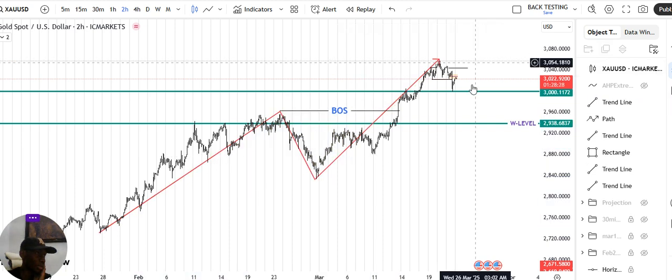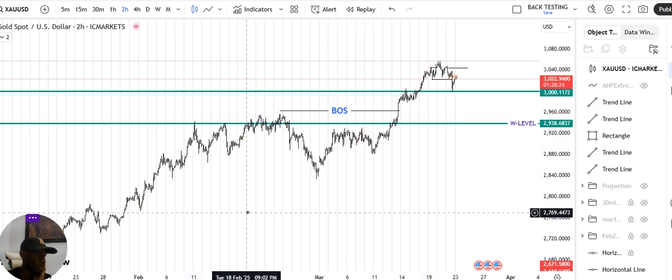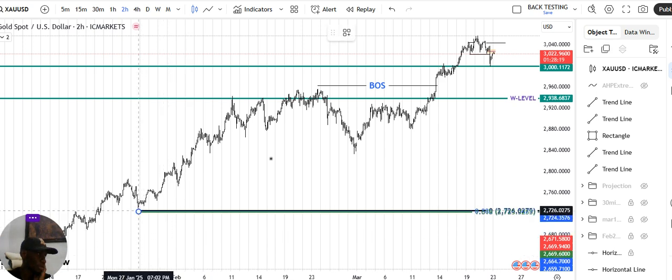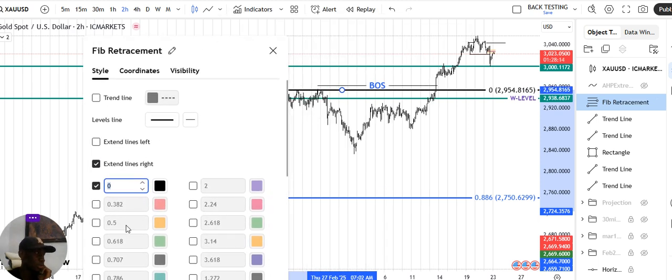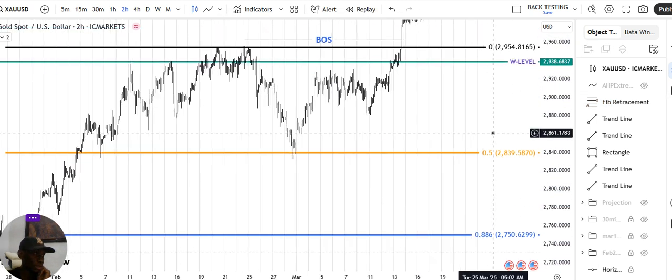So let's see. Sorry about that. I think it should be from here. So let's take the measurements. That could be around 0.5. Good, that is 0.5. Excellent.